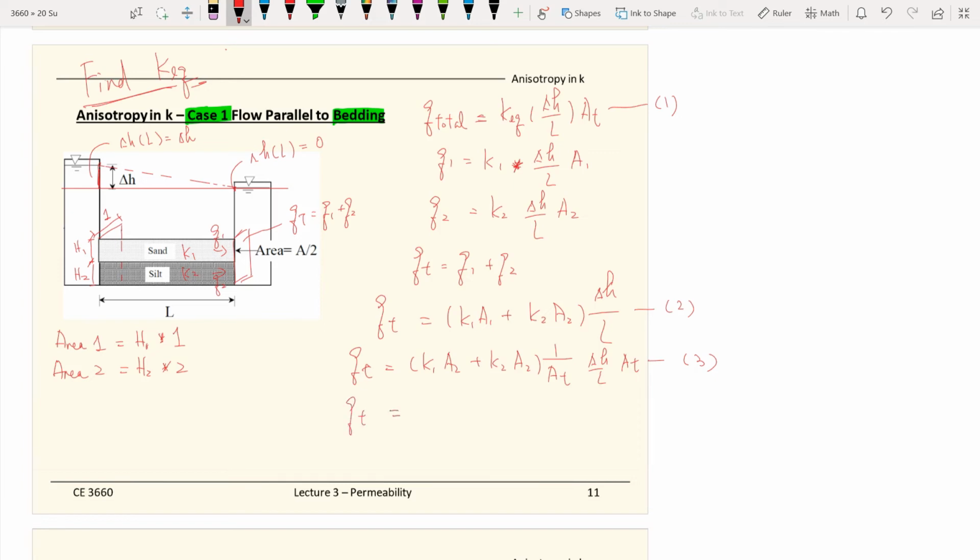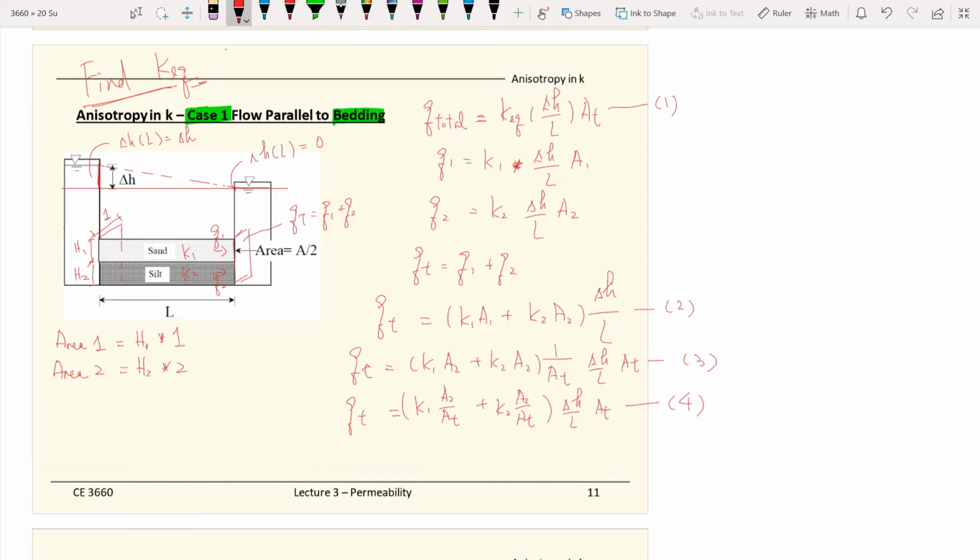And the next thing, if I reorganize the equations, let's divide by the total area inside our equations. And this gives me equation 4.